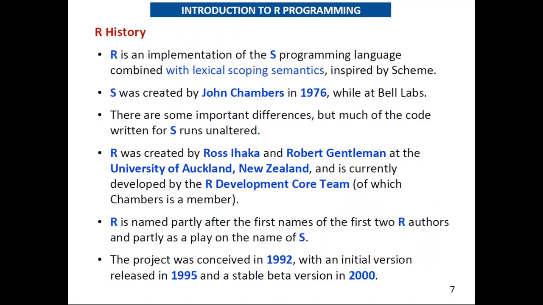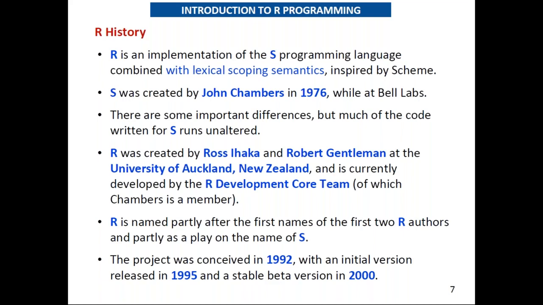Then coming to the history of R. R is an implementation of the S programming language, based on S+, which combines the lexical scoping semantics inspired by Scheme. So what is lexical scoping?